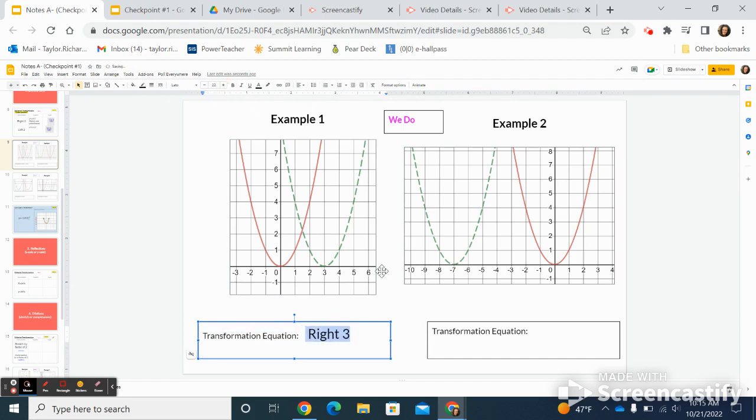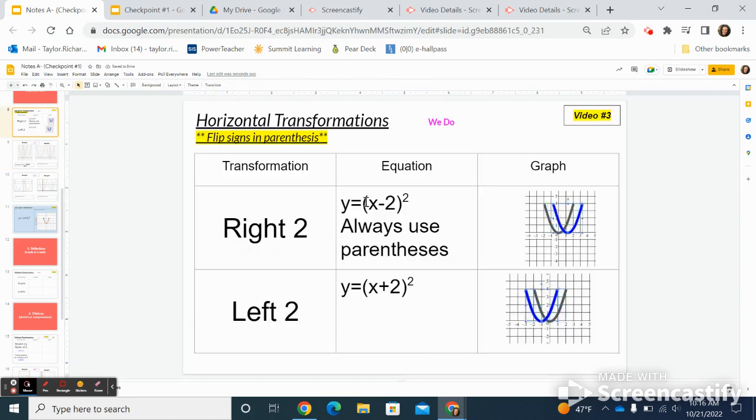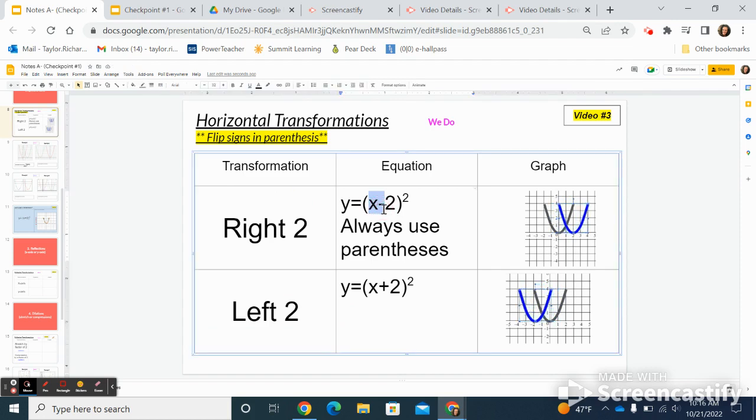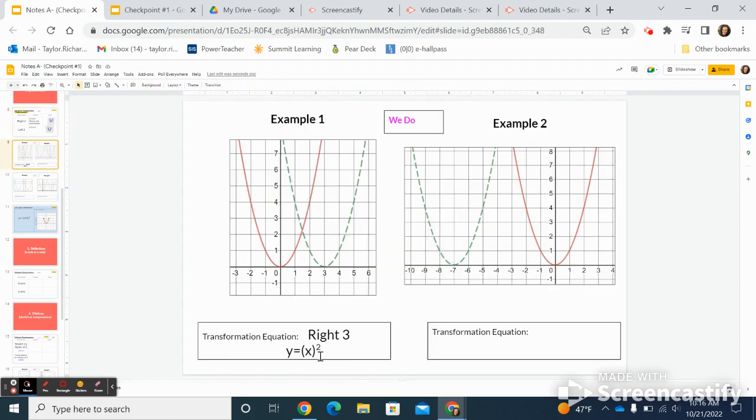We always start with our parent function. But when you're working with right and left, we're going to put parentheses around my x. Let's look back at before: when I am going right, it's going to be x minus something. I know it's right 3, so it's going to be x minus 3. This is my equation for this graph.